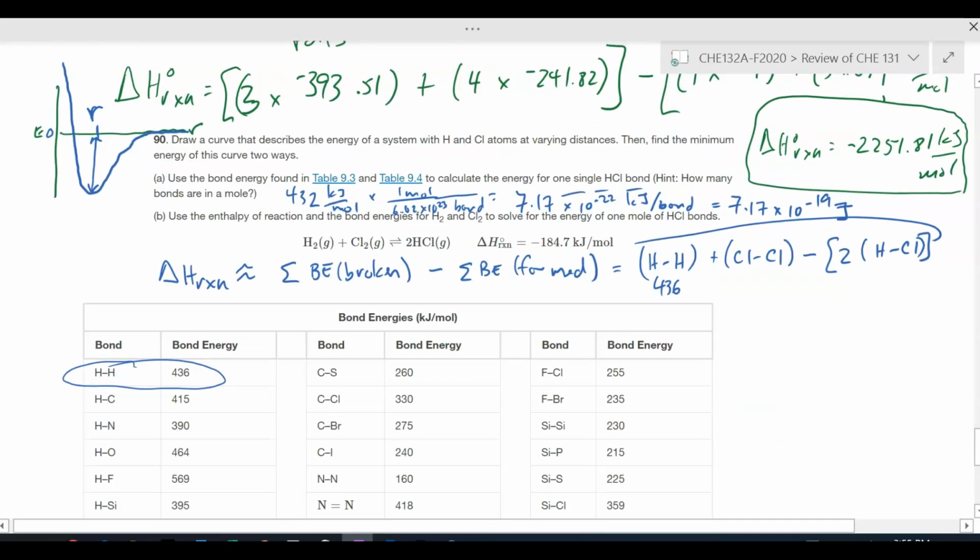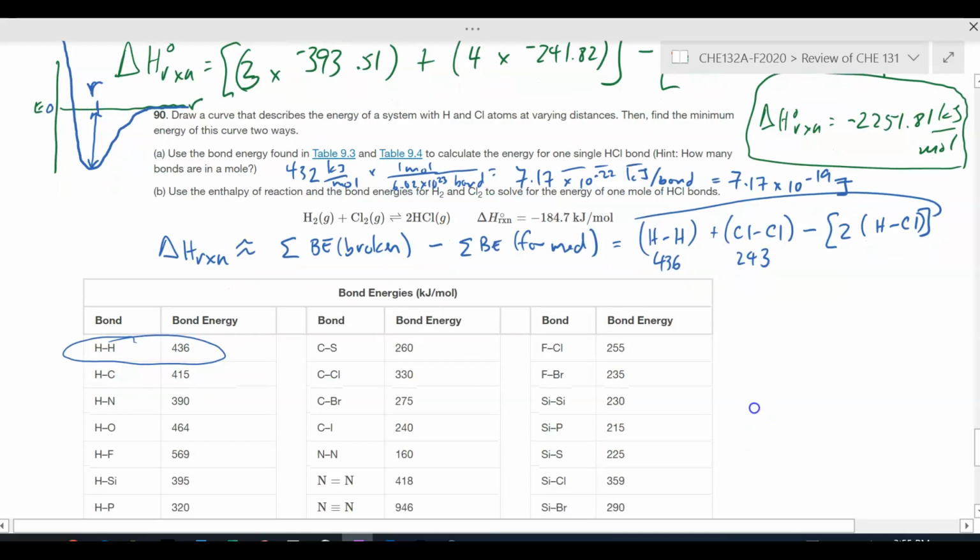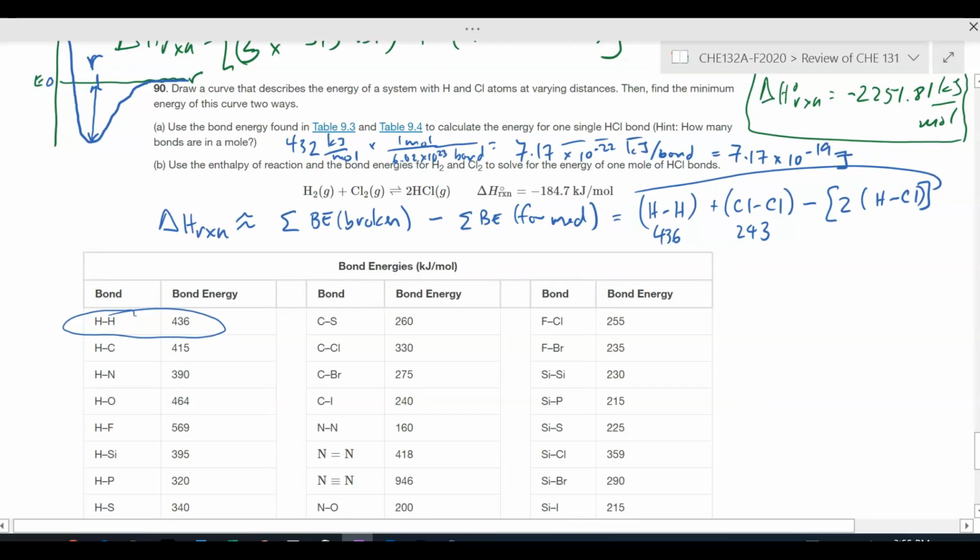I pulled this chart from the book, of course. So what we have eventually is the equation 436 plus 243 minus 2 times X, which is the HCl bond, is equal to negative 184.7. Those are all in kilojoules per mole.